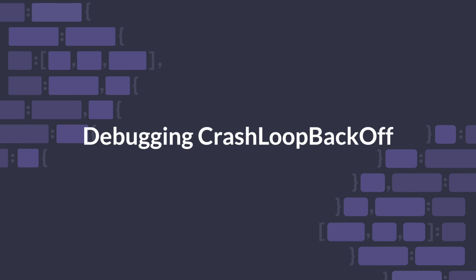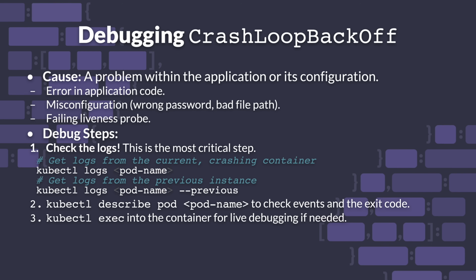CrashLoopBackOff is often the most complex issue, as it indicates a problem within the application or its configuration. The cause is likely an error in the application code, or a misconfiguration, a failing liveness probe, or incorrect file permissions. The most critical step here is to check the logs. The logs will almost always contain the error message or stack trace that reveals the root cause.